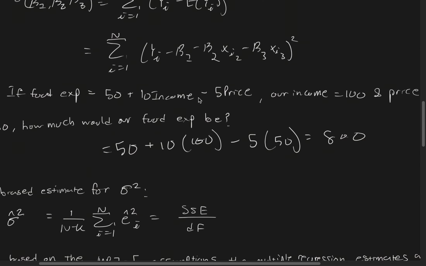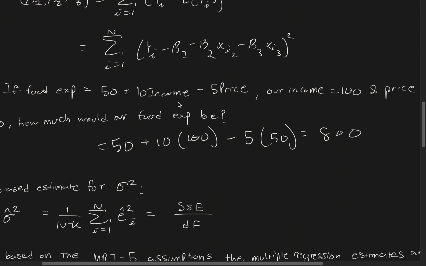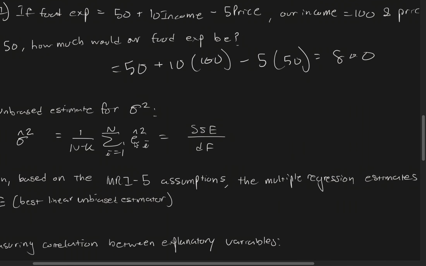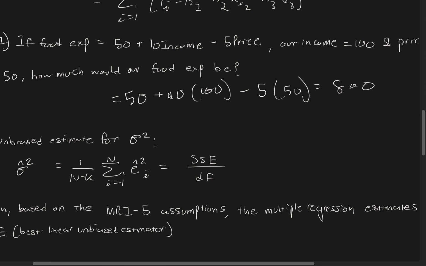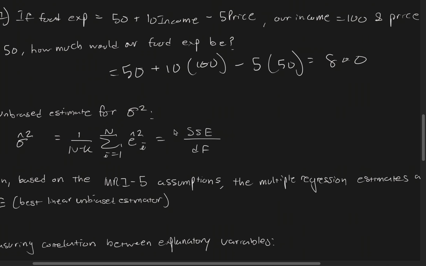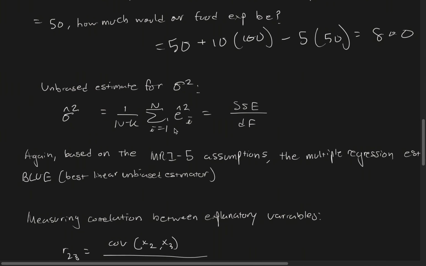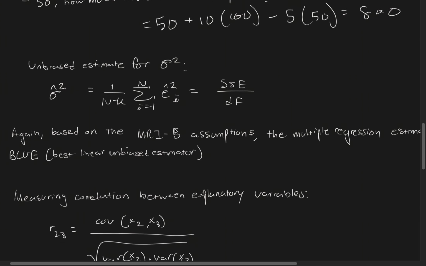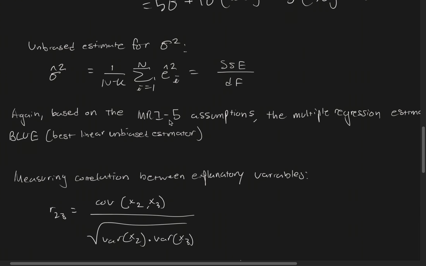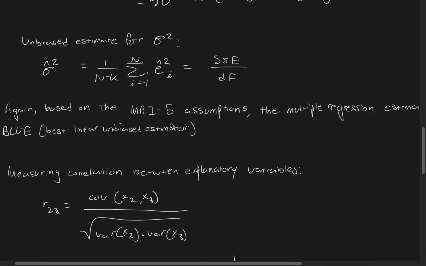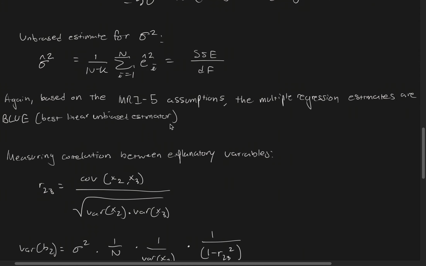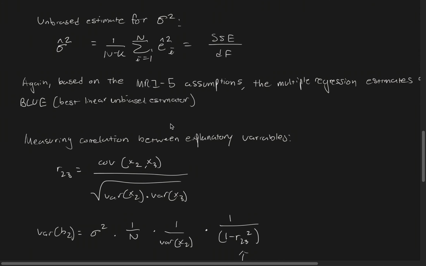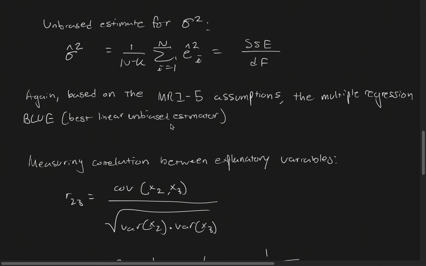In this case, k equals 2. So if our sample size is 50, then the degrees of freedom will be 48. Under the multiple regression assumptions 1 to 5, we can conclude that the estimation is BLUE, or the best linear unbiased estimator.